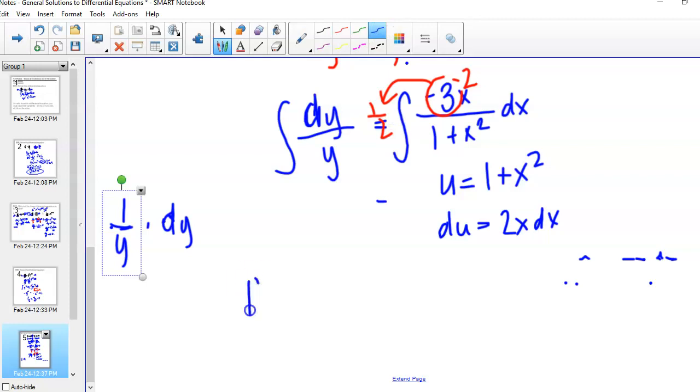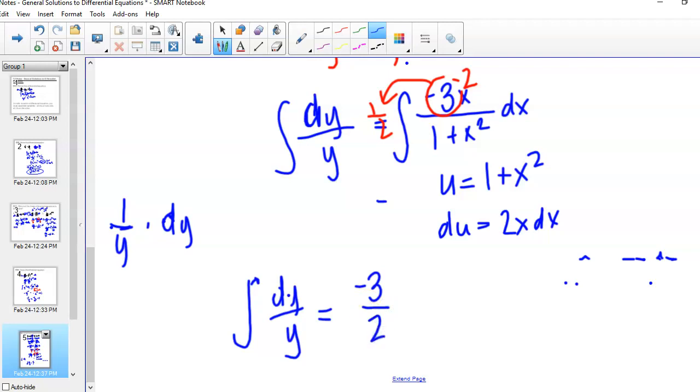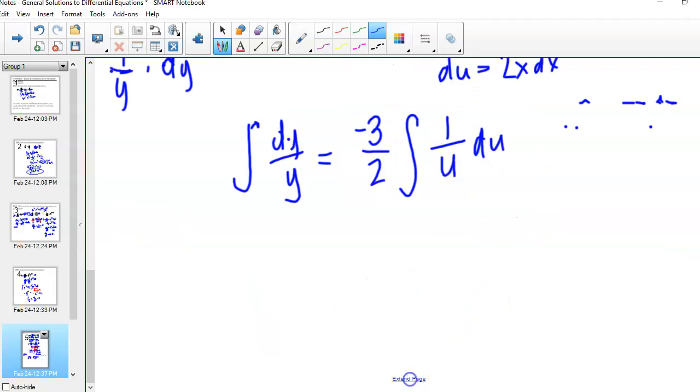So this is going to look like this: dy over y equals, and then I'm going to have the negative 3 that I have pulled out front, multiplied by the 1/2, which is going to give me negative 3 over 2, the integral of 1 over u du. And so at this point, I'm going to integrate both sides.